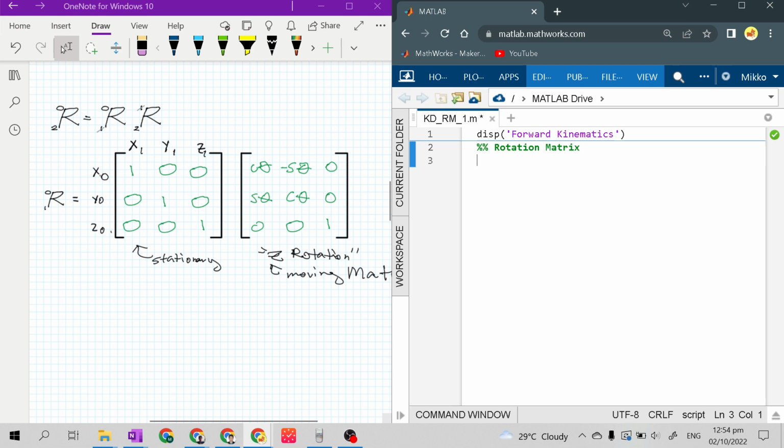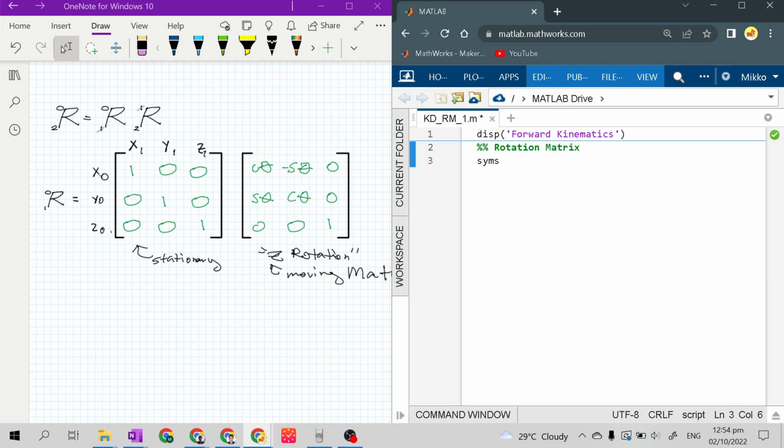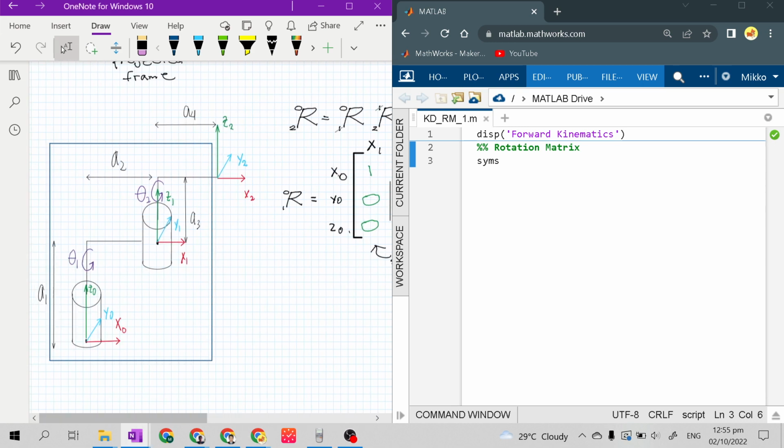We will use theta as our independent variable. So we will use the code syms to represent theta, sorry, this is not theta, this is theta 1. Okay, based on our rotation, this is theta 1.